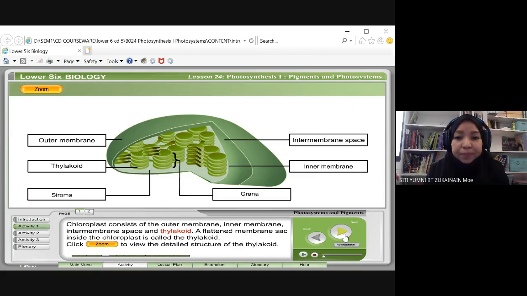The chloroplast consists of the outer membrane, the inner membrane, the intermembrane space, and a flattened membrane sac inside the chloroplast called thylakoid. The matrix of the chloroplast is the stroma, and a stack of thylakoids we call grana.